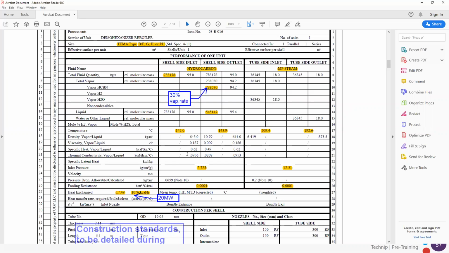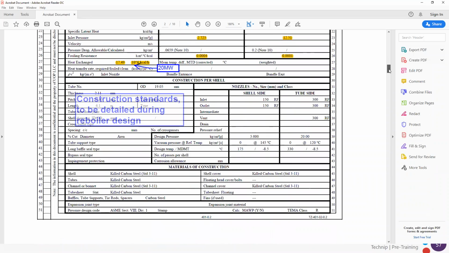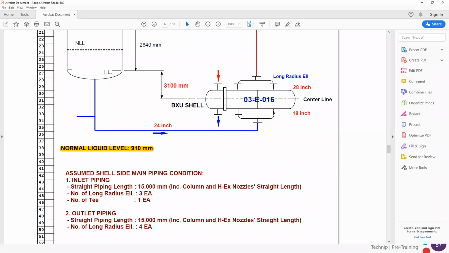If we place the hydrocarbon on the tube side, the pressure drop will increase a lot, and we cannot do that. This is why this type with two shell side nozzles is used, to split the fluid and to decrease the pressure drop.